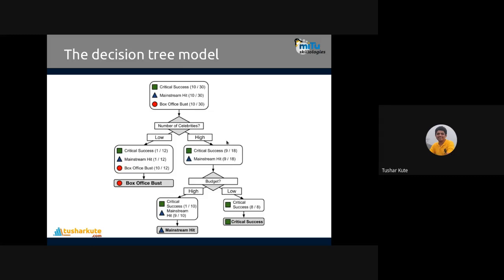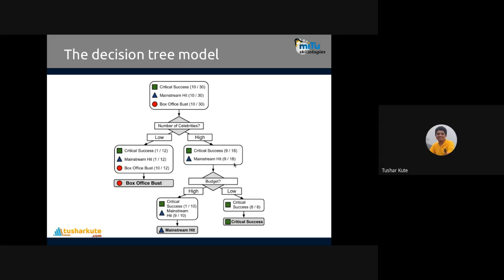Then the first split that we made: what was that? The number of celebrities, above 3 and below 3, or low and high. Above 3 we may have high, and below 3 we may have low celebrities. Okay, check this. When we make this split, out of 30, 12 movies go in the low category below the line, and 18 movies are above the line.